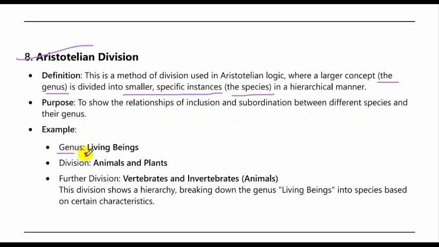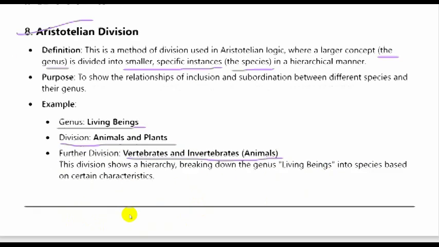For example, genus is living beings divided into animals and plants, further division into vertebrates and invertebrates in animals, and so on. This division shows a hierarchy, breaking down the genus living beings into species based on certain characteristics.